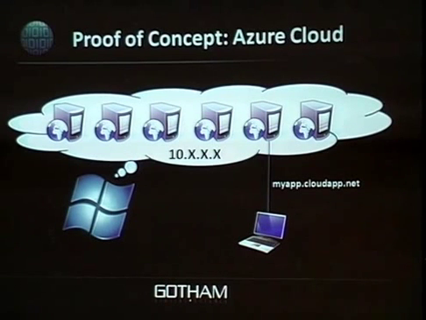And their cloud is actually sitting on a 10-dot network with all the other VMs, behind a firewall that translates your host name. So every time you deploy an app, you create a host name, like myapp.cloudapp.net, and cloudapp.net is the standard domain that Azure uses. That's going to be translated inbound to one of the VMs on the 10-dot.